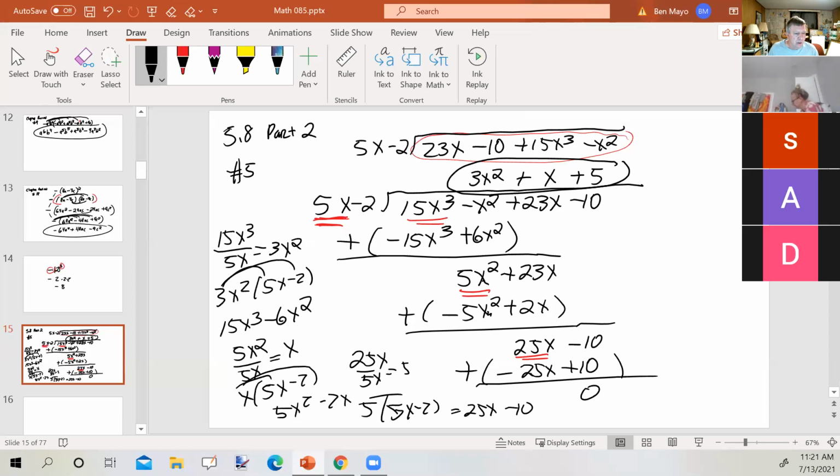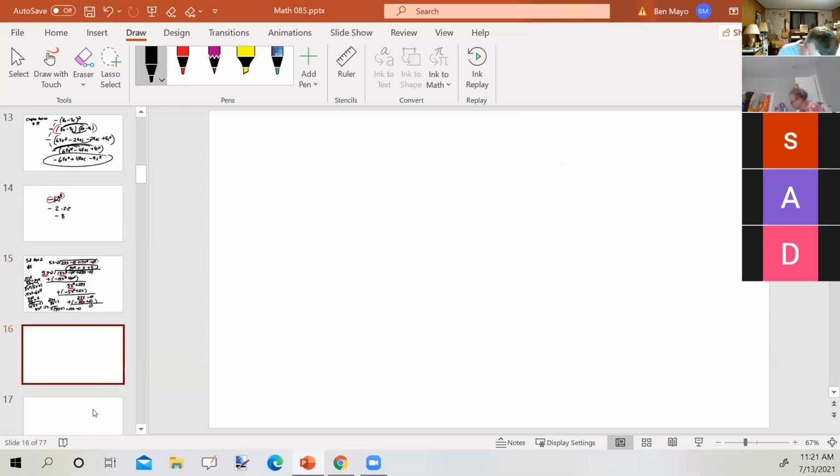All right, and then you wanted to look at problem number 8 on that same section. So this is 5.8, part 2, number 8. It says perform the division x cubed minus 1 over x minus 1. Okay. So on the outside, we've got x minus 1.